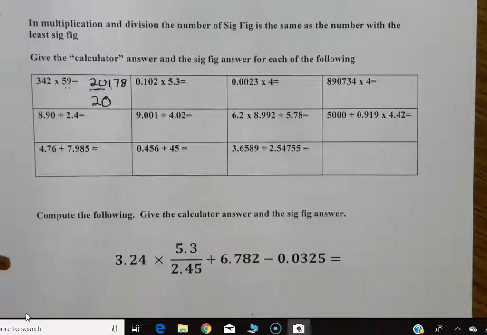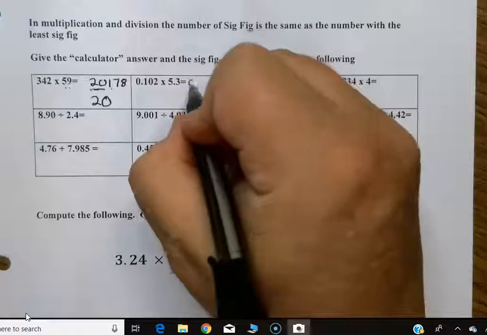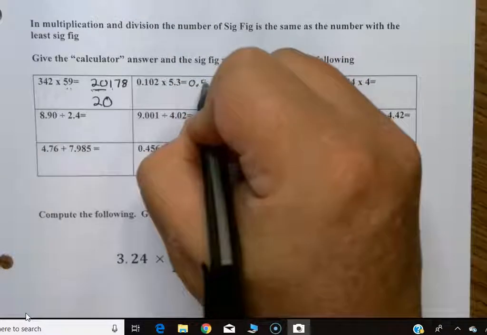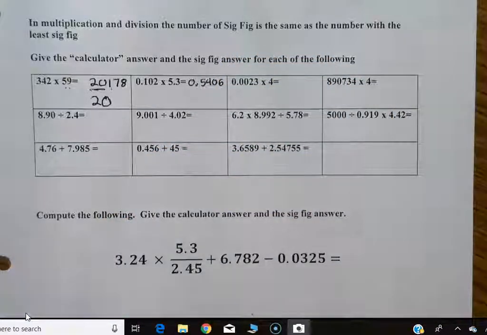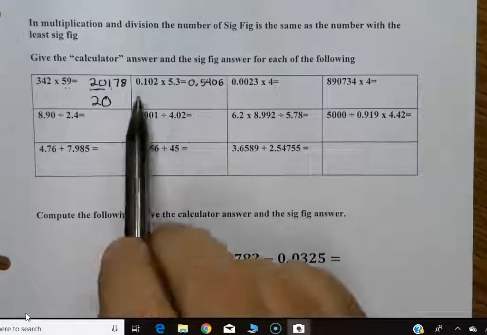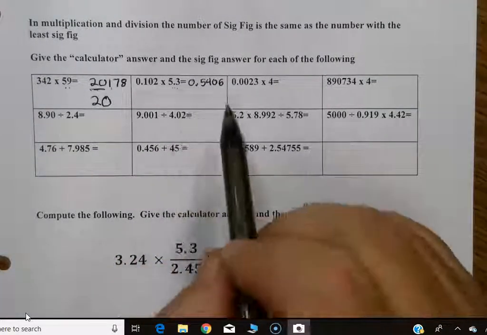0.102 times 5.3. Okay, and that gives us a calculator answer of, and the least number of significant figures here is 2 right there. Again, that leading 0 is not significant.